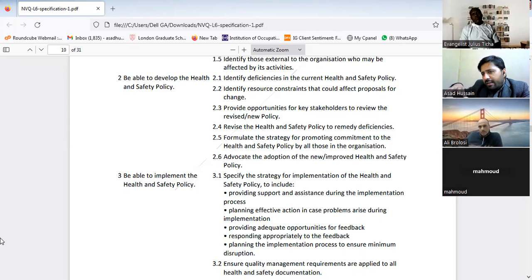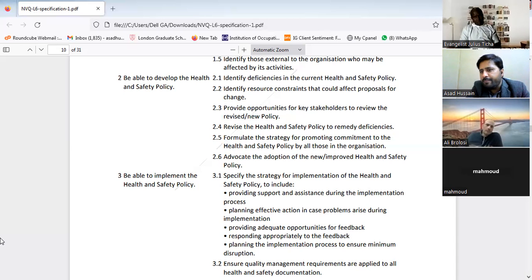Actually, it is considering all the factors which can create deficiencies for the health and safety management system. Then as a whole, we will consider them, and then we will decide what type of arrangements we have to make for removing those deficiencies.